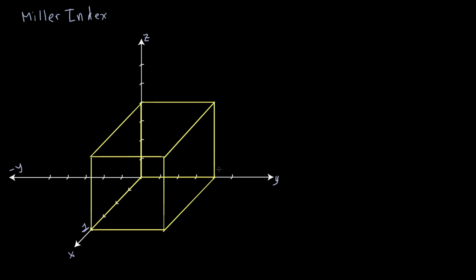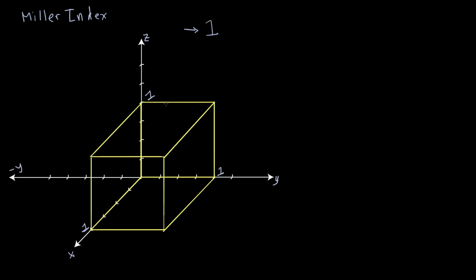So the edges of our cube here are going to be all 1, 1, and 1. This is standard for dealing with a single unit cell to define the edges as 1.